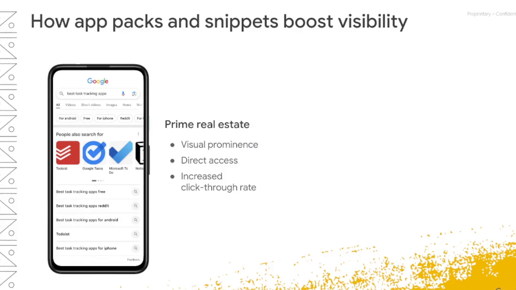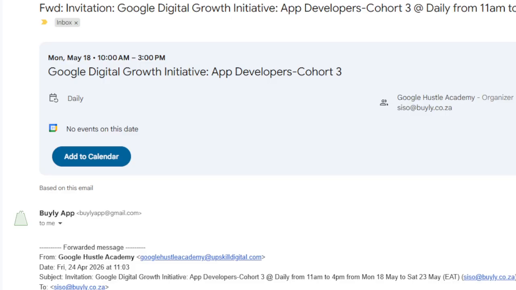It also increases the click-through rate, right? So the visual appeal and the visual elements there on the app pack increase the access offered to the ideal target audience. So users are most likely to click on the app icon in a visually engaging pack rather than just an organic standard listing.